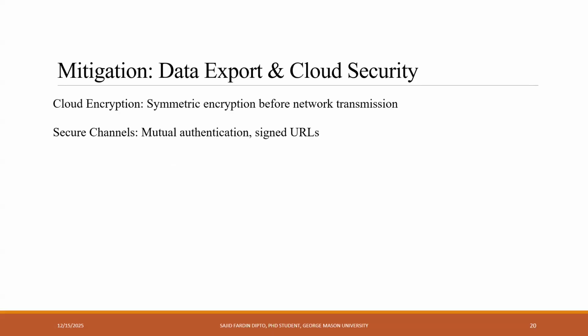And finally, for secure channels, use mutual authentication, meaning both the hospital system and the cloud provider verify each other's identity. And we can use signed URLs with time-limited access tokens to prevent unauthorized access to cloud storage.